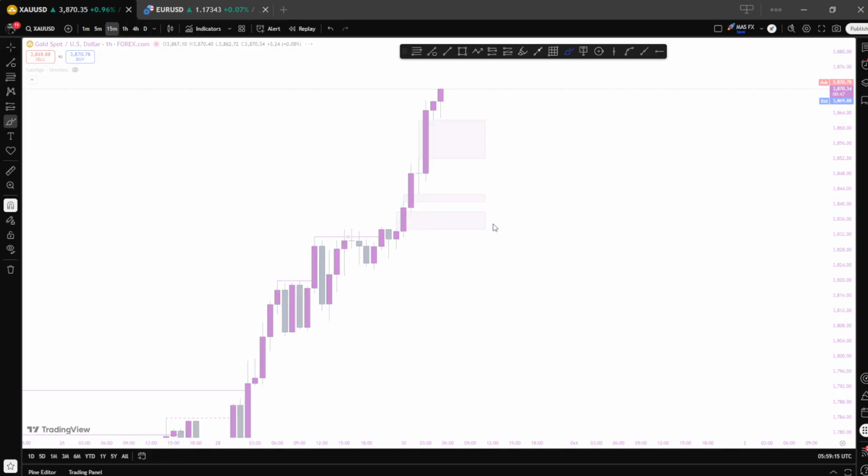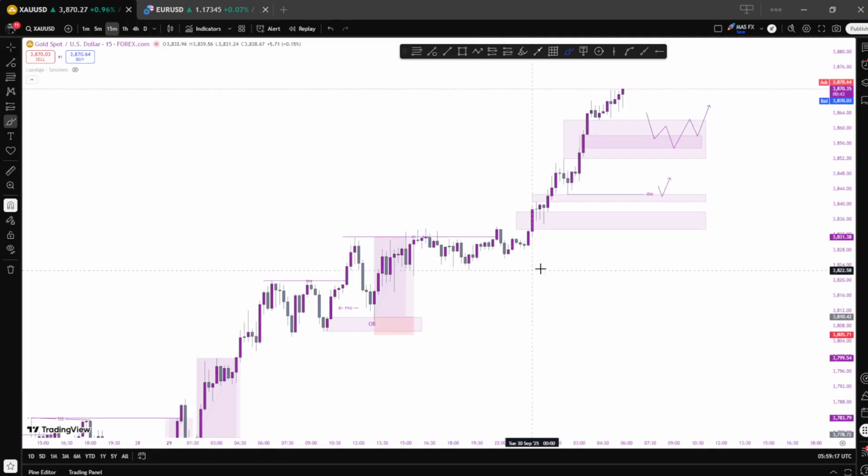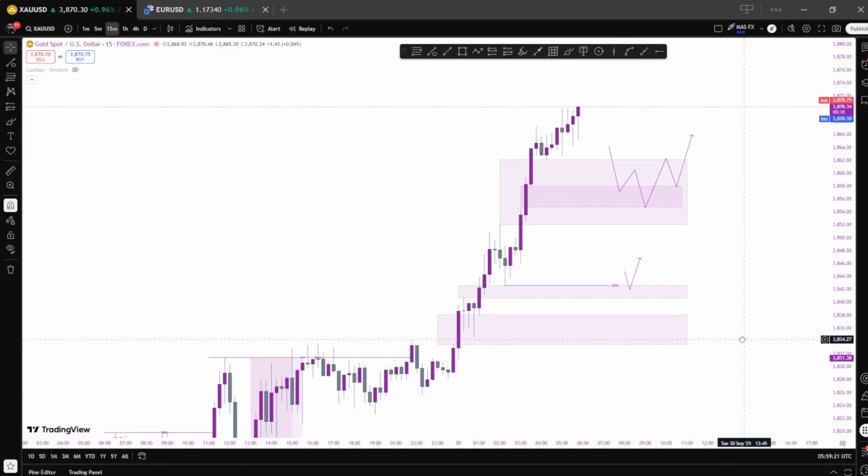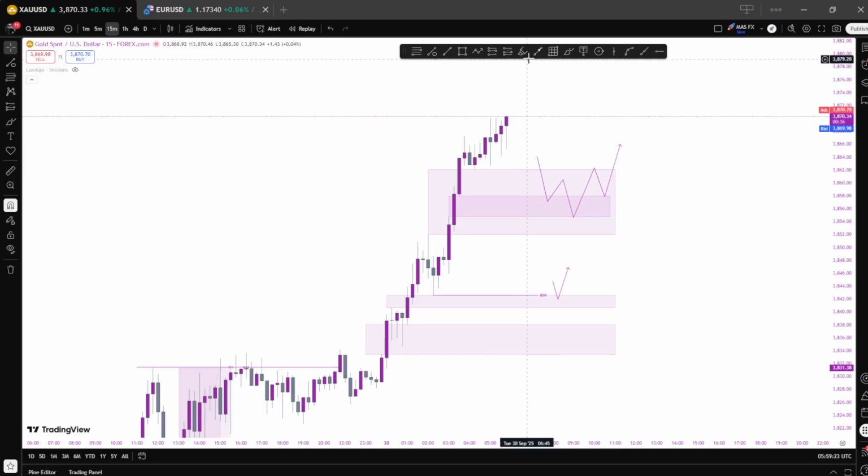I don't really have much expectations, just continuation of the bullish trend. So I'm expecting a pullback into the level, fair value gaps holding, then move to the upside. More ideally for me, this will actually be a better entry for me.